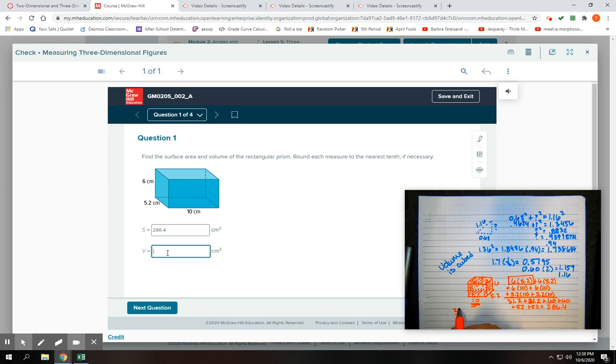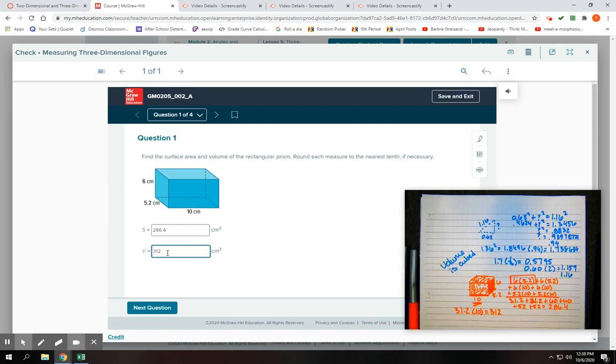We're going to use that 31.2, this one right here, and multiply it by 10 because it's got to go up 10 times, which gives us 312. And volume is centimeters cubed. Questions?